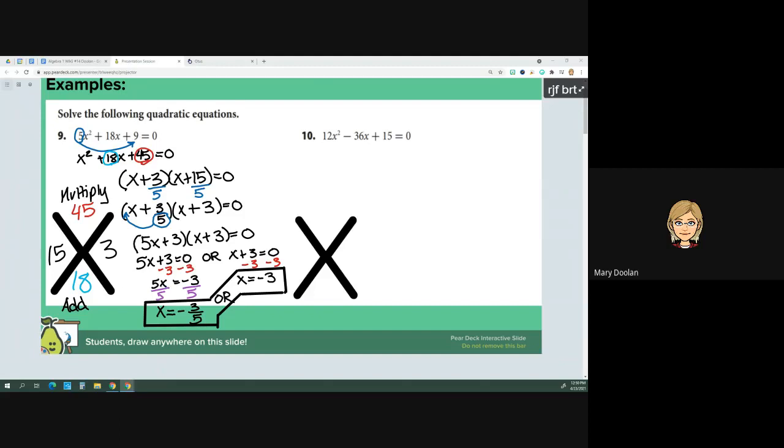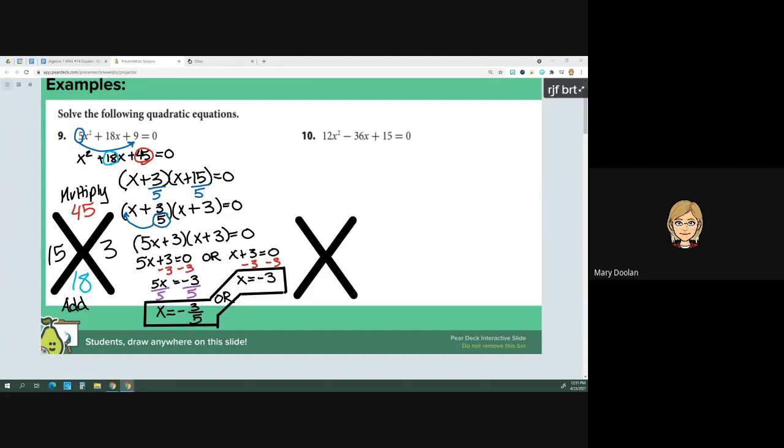It's not necessary to divide out the GCF. It will help you a little bit with your calculations, but you would get the same answer either way. So just right up here, I'm going to write something to help you see what the GCF is.